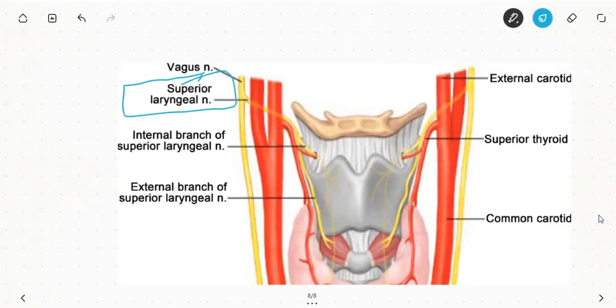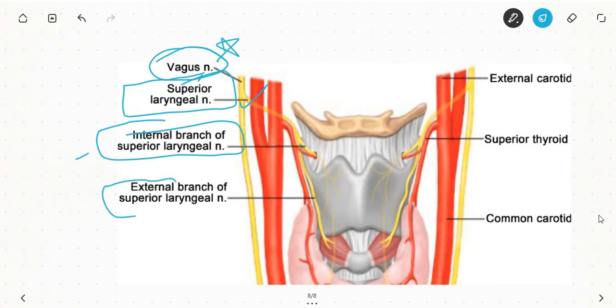The nerve supply is from the superior laryngeal nerve. The vagus nerve gives rise to the superior laryngeal nerve that separates from it at the skull base and divides into two branches. The larger is the internal laryngeal nerve that is sensory to the supraglottic larynx.